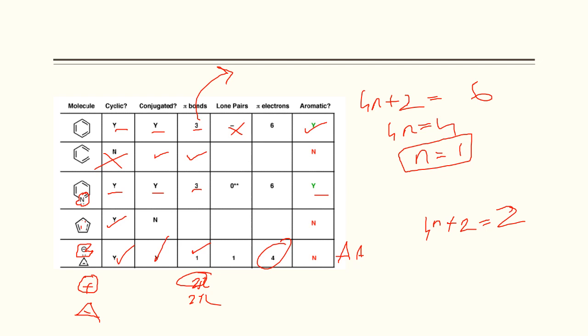So here you can see that the value of n will be 0. So it's okay, it can be 0. In the cyclopropenyl cation, the important thing that is present is the carbocation. So this carbocation is essential. So it is also aromatic. If it's a carbocation, you do not count it in the number of pi electrons.